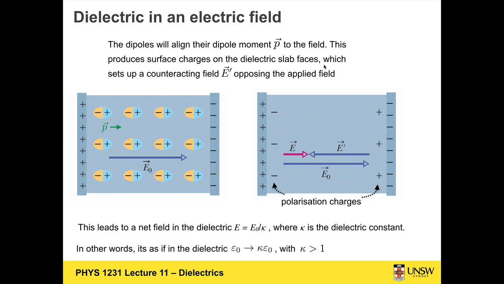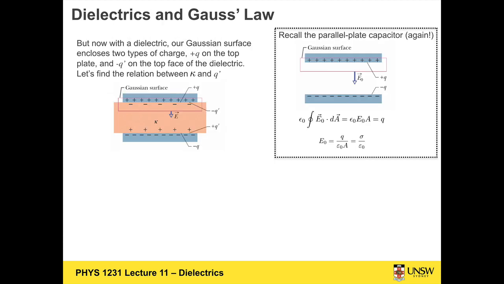Now, if you had my course for Physics 1b, you would have seen this problem that we did in my class, where we assumed again a dielectric sandwiched between two parallel plates of a capacitor, and we used Gauss's law to actually find a relationship between the dielectric constant and this induced polarization charge.